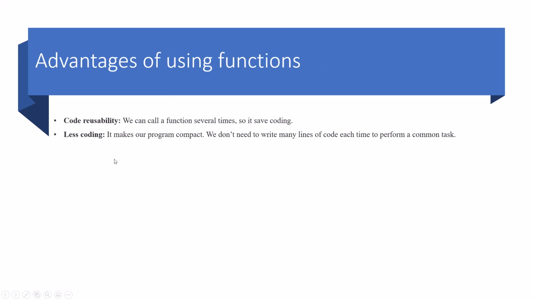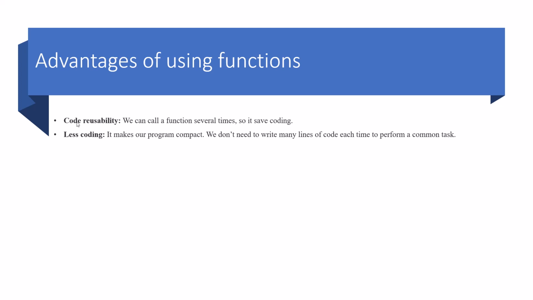The next is advantages of using functions. There are two advantages. One is code reusability. We can call a function several times, so it saves coding. If we have written code in one function and need it in two or three different places, we can just call that function and use the same code in different places.